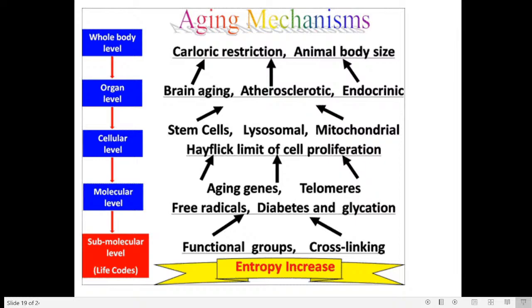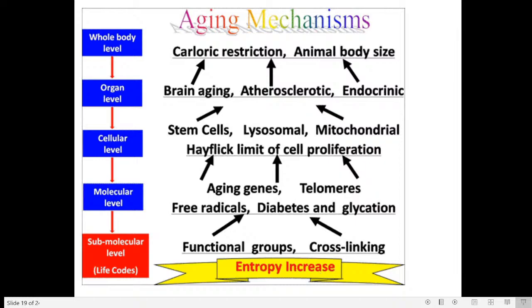It starts from the molecular level: the whole body produces some level of energy for organs, the organs are activated at the cellular level, the cells are activated by molecules, and those molecules are activated by submolecules.